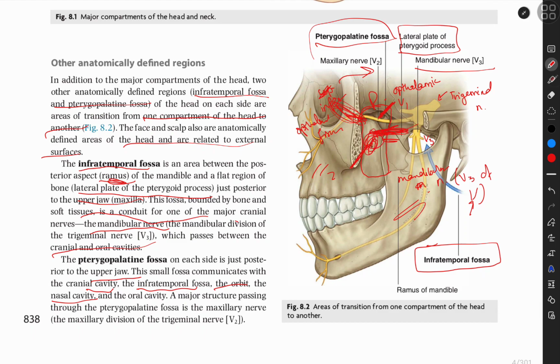I think these communicate with the nasal cavity and the oral cavity. Yeah, from the inside some way. I don't know, but they do. So the five openings: the cranium, the infratemporal fossa, the orbit, the nasal cavity, and the mouth.